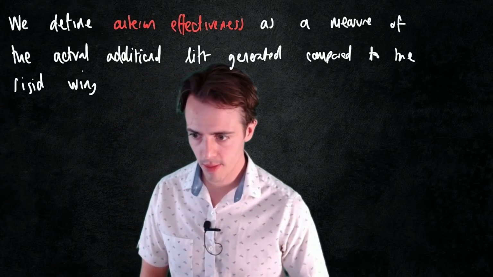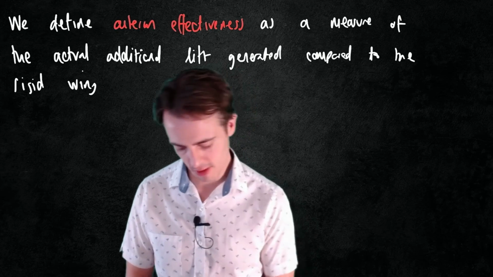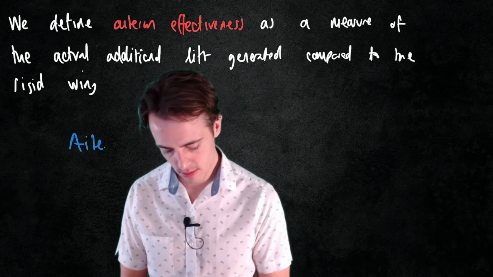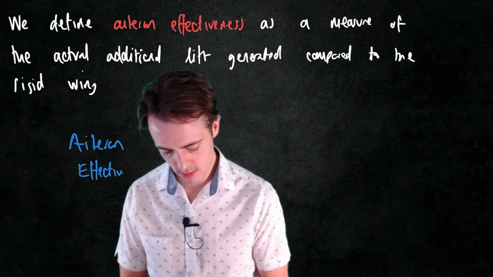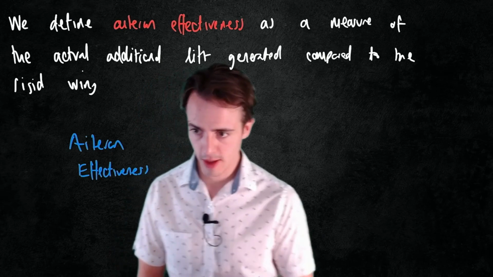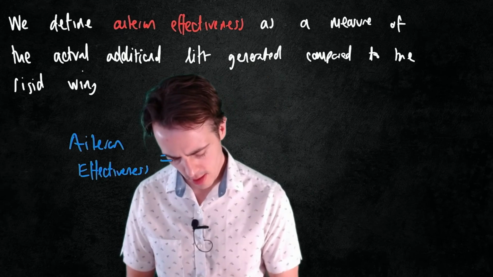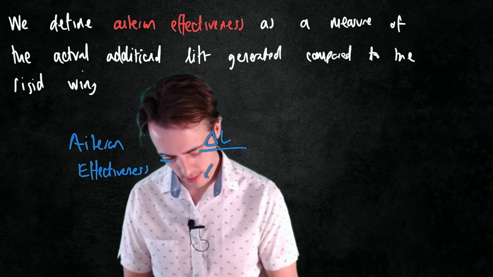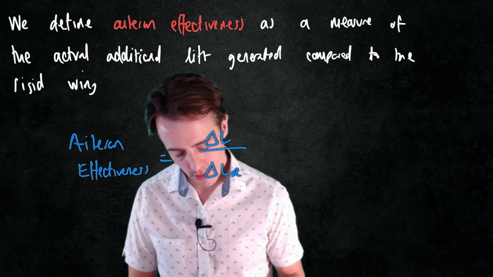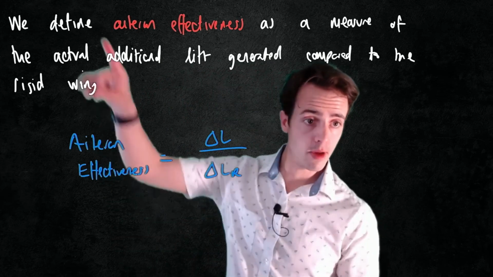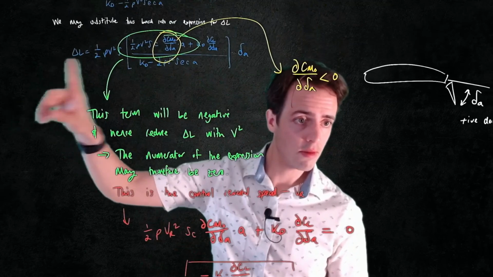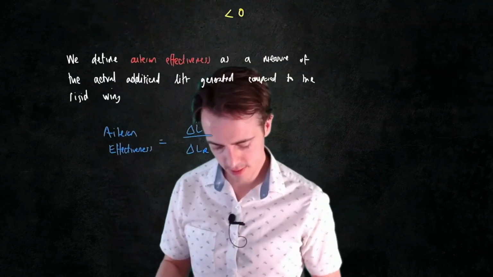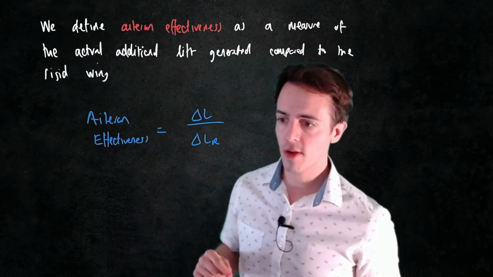We don't actually have a symbol for aileron effectiveness, we just say aileron effectiveness. Okay, it's going to be a non-dimensional quantity. It is delta L. So this top delta L is the one that we just developed, the actual additional lift generated, versus what would be present on the rigid wing.